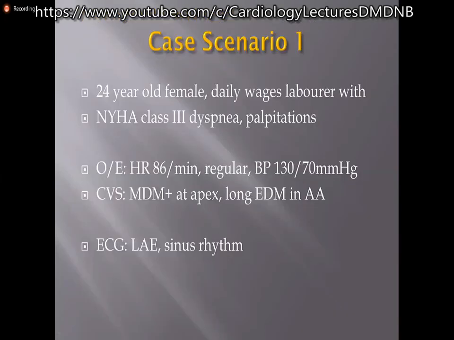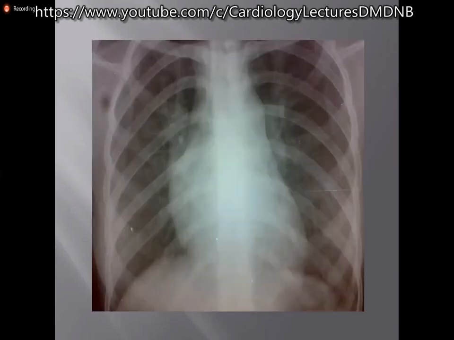Here is a case scenario: 24-year-old female daily wager laborer presented with functional class 3 dyspnea, palpitation, and blood pressure was 130/70, and had a MDM at the apex, long early diastolic murmur, and ECG showing left atrial enlargement and a sinus rhythm.